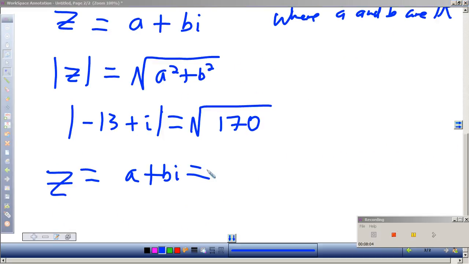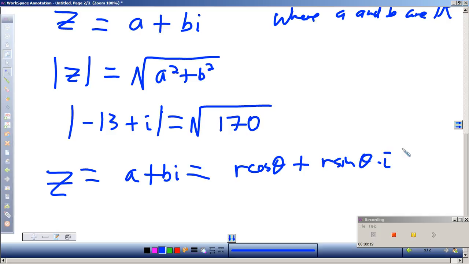So what would a be? r cosine theta. So we're going to have r cosine theta plus r sine theta times i.